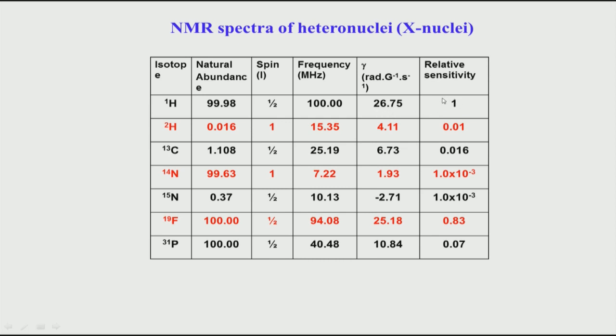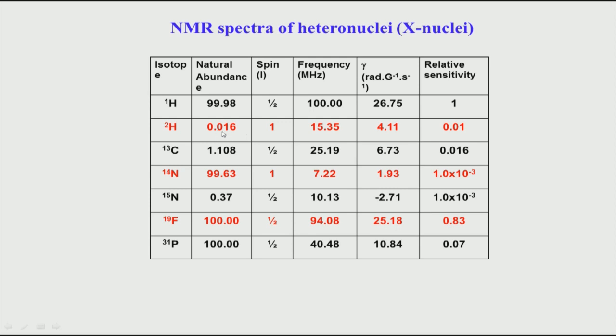Therefore, we normalize or grade all the other nuclei with respect to hydrogen. Hydrogen has a relative sensitivity of 1, and for a given magnetic field, let us say the proton frequency is 100 megahertz. Now, if you look at the other nuclei with respect to hydrogen, deuterium has a very low sensitivity.